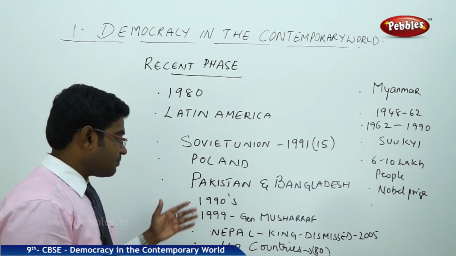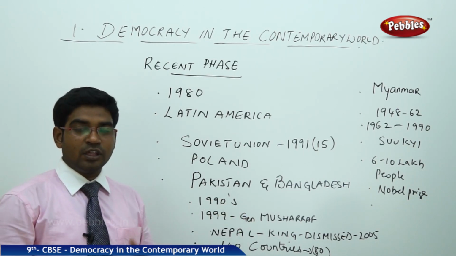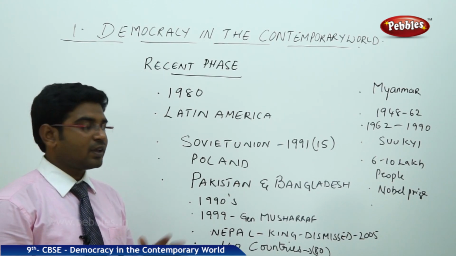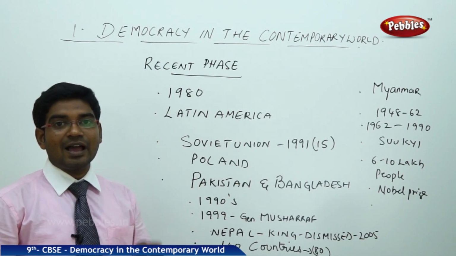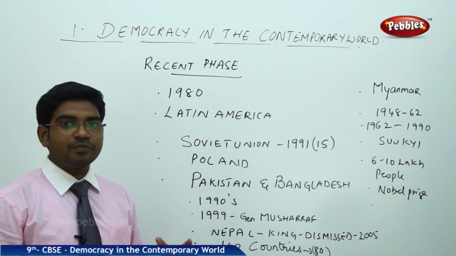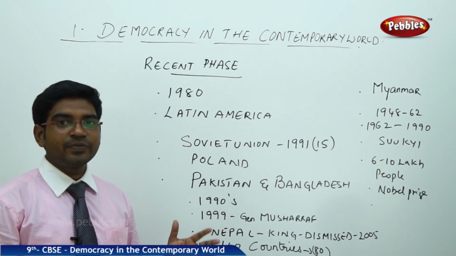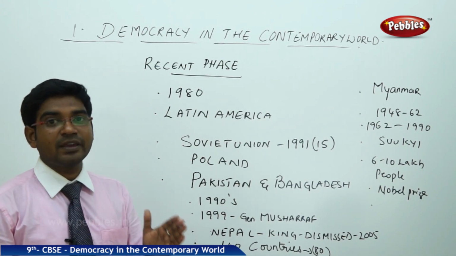In a similar way, in Nepal, the newly crowned king, who became king in 2005, dismissed all the political parties and the powers which they had gained after a lot of struggle. Still, they fought their fight, they raised their voices, and now Nepal is emerging as a democratic and republican country.